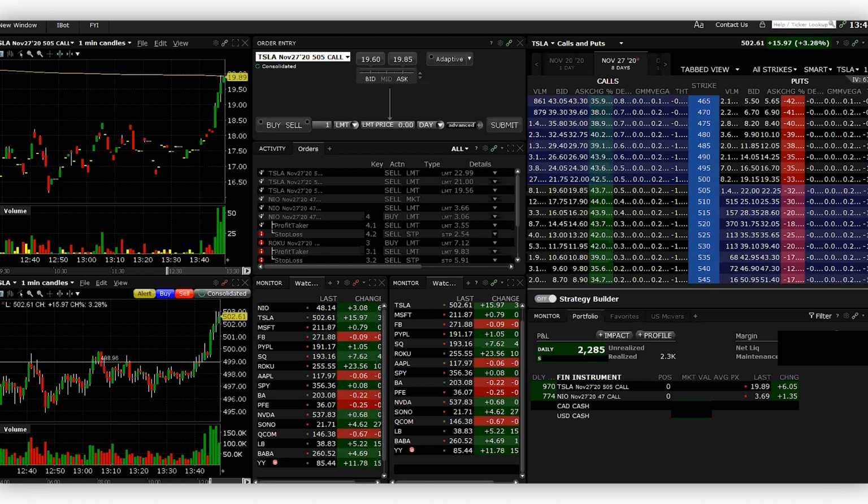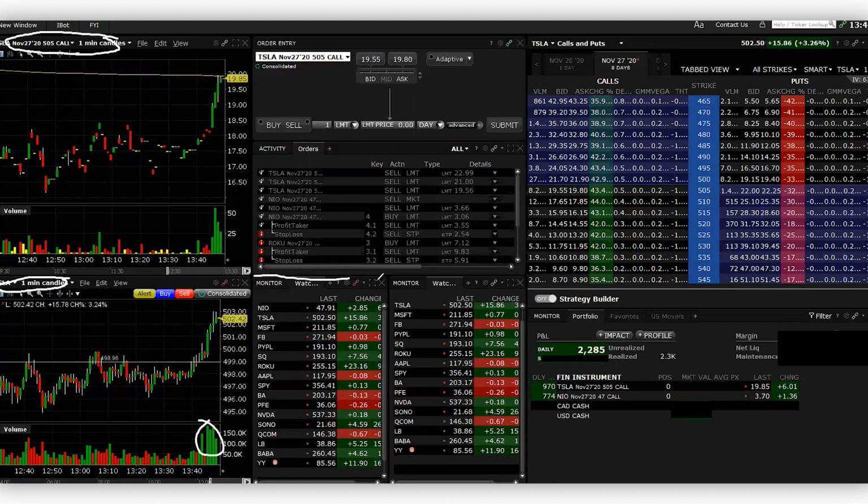We got something that looks like this with this combination. Up here is the actual options price chart. You'll see the 505 call on Tesla, November 27th expiry. And then below that, we got this 1 minute candle chart on the stock itself. What we can see in this scenario is a lot of price action here based on this 1 minute chart and the volume. I really like to look at that.